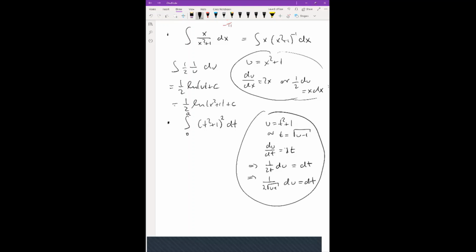If I substitute this all in, then it's the integral from 1, if I plug in 0, to a squared plus 1 of u squared, and dt is 1 over 2 square root of u minus 1 du. So it is the integral from 1 to a squared plus 1 of u squared over 2 square root of u minus 1 du. So that is perfectly okay.